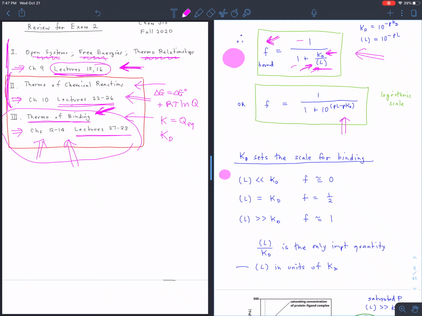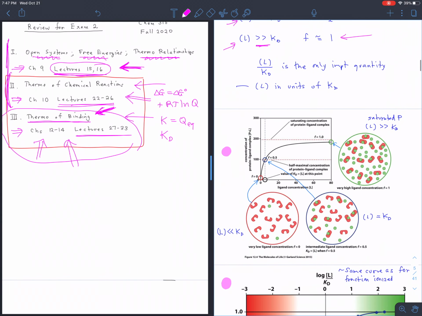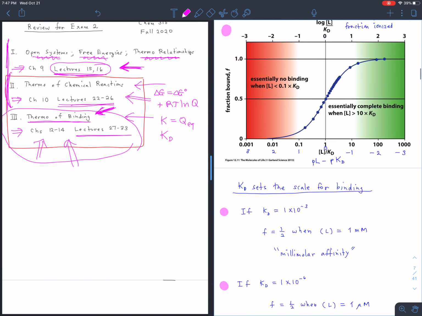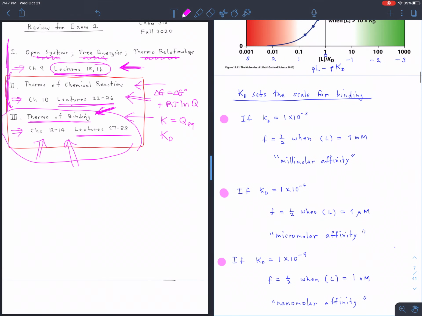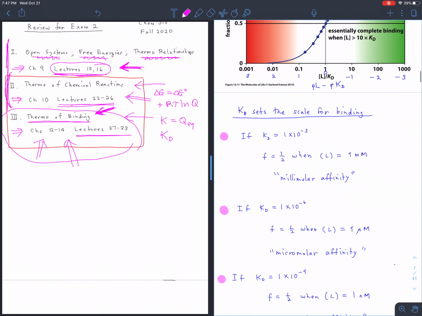If the ligand concentration is much less than Kd, then the fraction bound will be close to 0. If it's on the order of Kd, roughly the same as Kd, then the fraction bound will be about a half. And only when the ligand concentration gets much, much bigger than Kd will the fraction approach 1. That's just fraction bound as a function of ligand concentration.